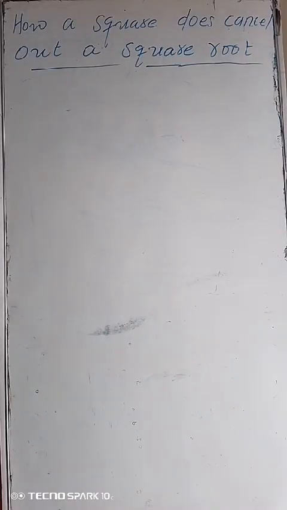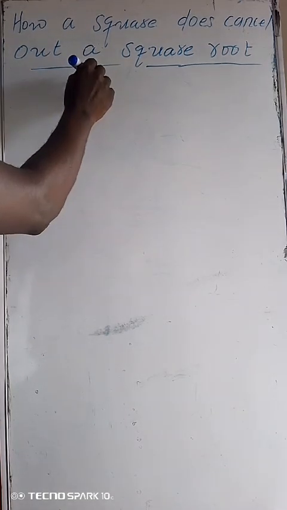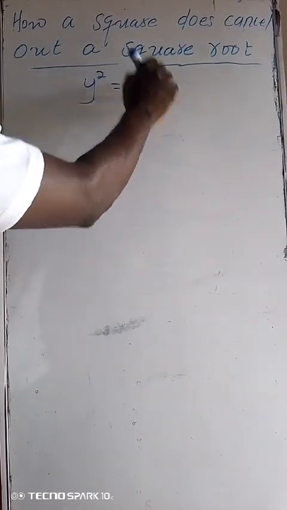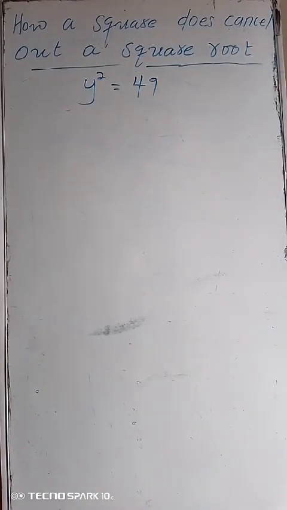Now we are to look at how a square cancels out a square root. In mathematics, normally when you solve any equation or inequality and at a point you have something like y square is equal to 49, at this point where we are interested in only y, we normally say square root both sides.